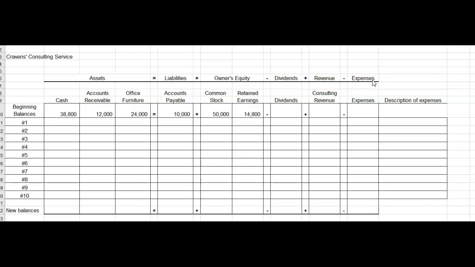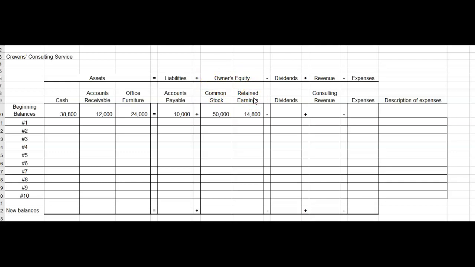There is a separate column for each of the asset accounts: cash, accounts receivable, and office furniture. The only liability account is accounts payable, and it has its own column. There are separate columns for each of the two equity accounts, common stock and retained earnings.